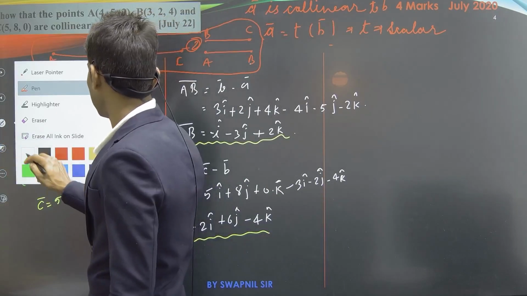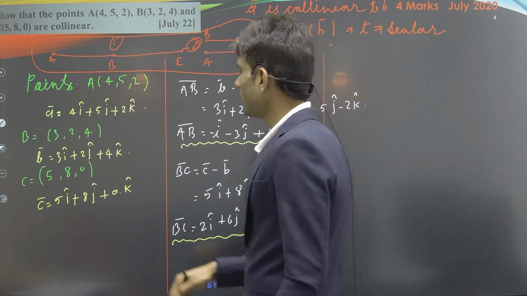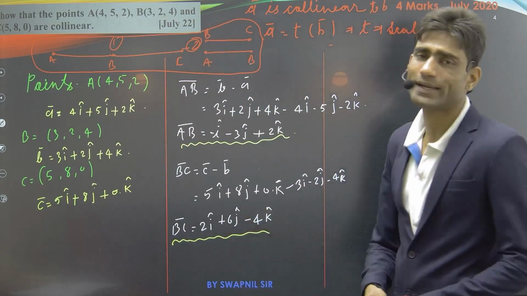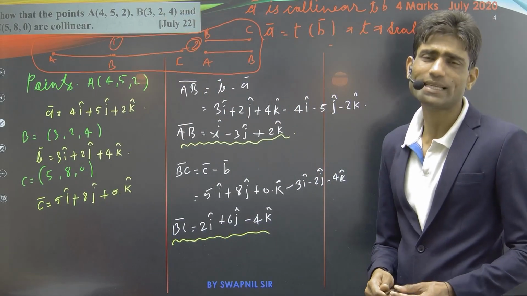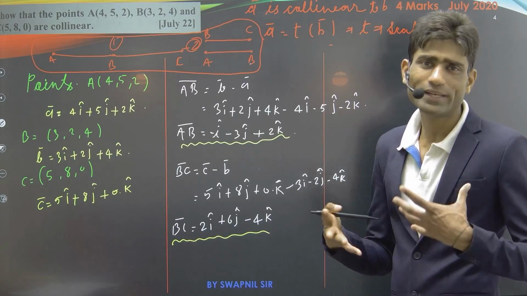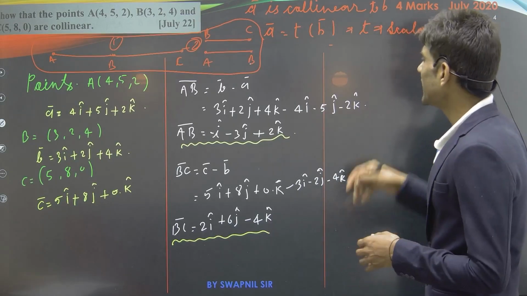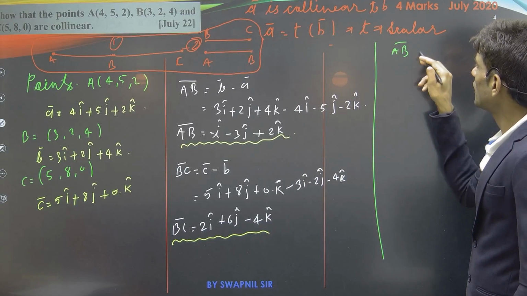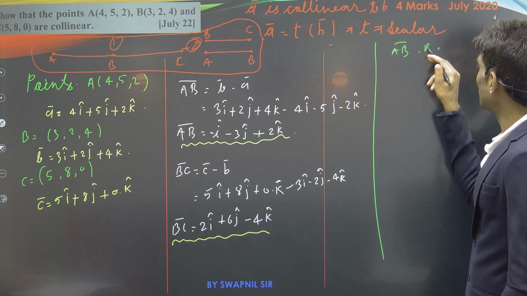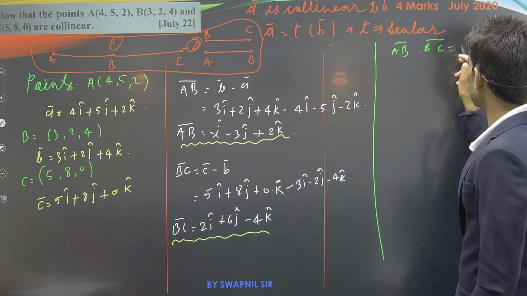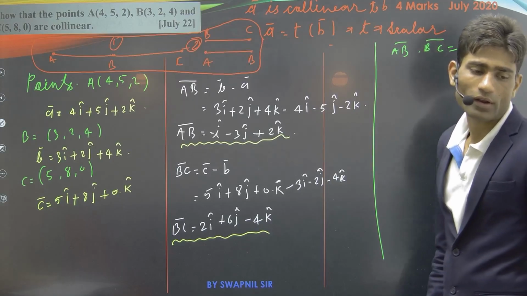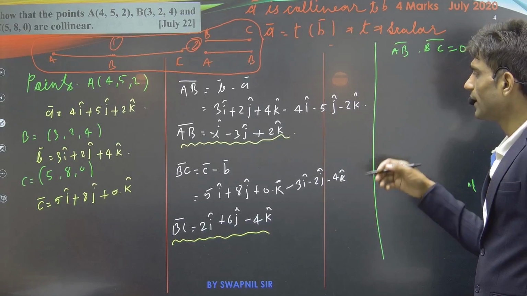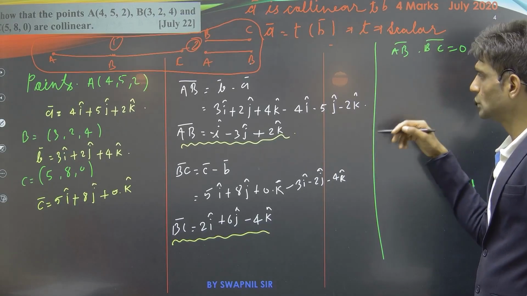Now let's move to the next part. When we have two vectors which are parallel or collinear, or along the same line, then one vector is a scalar multiple of the other. Let's check whether AB bar dot BC bar goes to 0 or not.